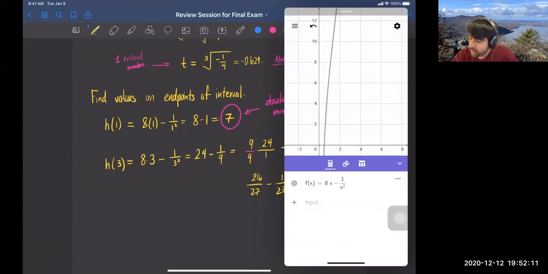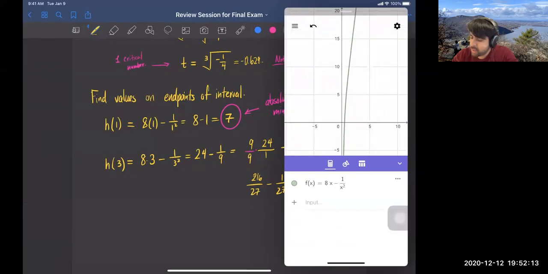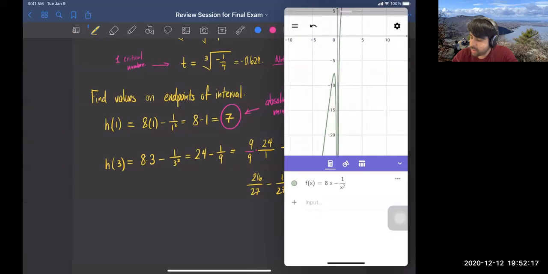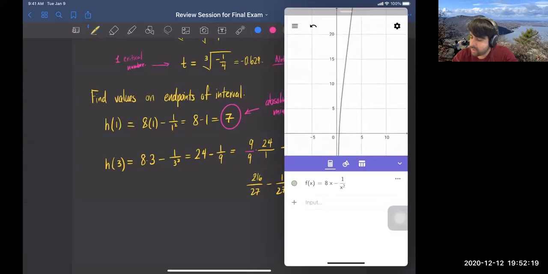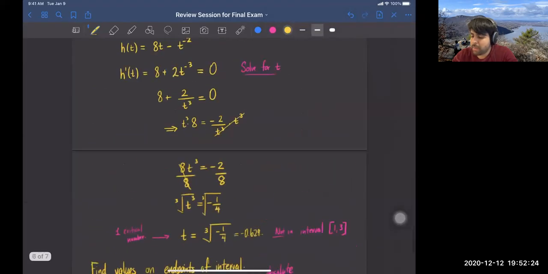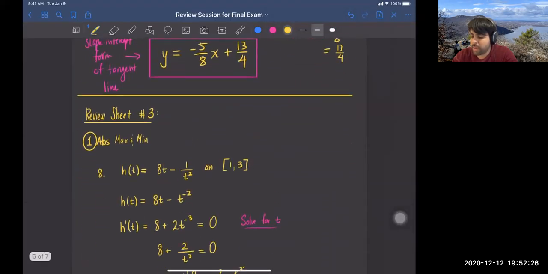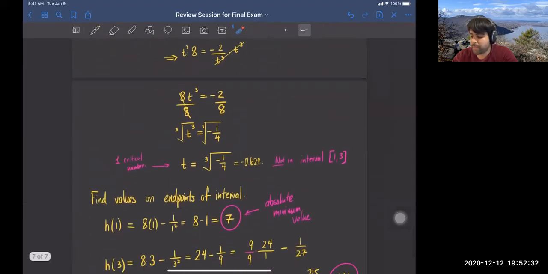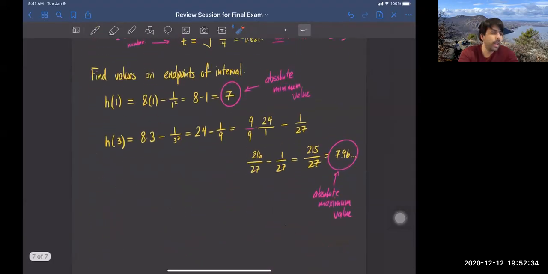So from 1 to 3, yeah, it's an increasing function. It's just an increasing function for the most part. So it's just going up. So then obviously the maximum and minimum will occur at the endpoint, where the maximum will occur when t equals 3 and the minimum will occur when t equals 1. And that would be the answer.